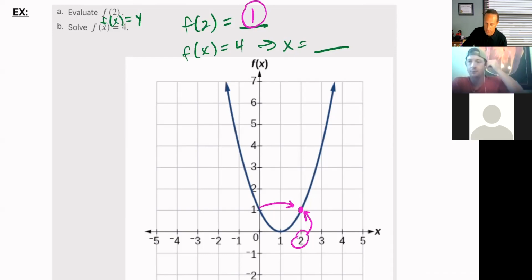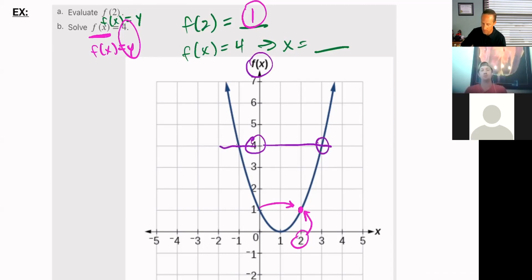But you need to recognize that the second part is giving you the f of x is equal to, they're giving us the y is now 4. But be careful. What does that mean we could have? More than one answer. Very good. Where is y 4? Well, I know this is the y-axis. And I know if I go left or right, I actually hit in 2 spots. So what x value?